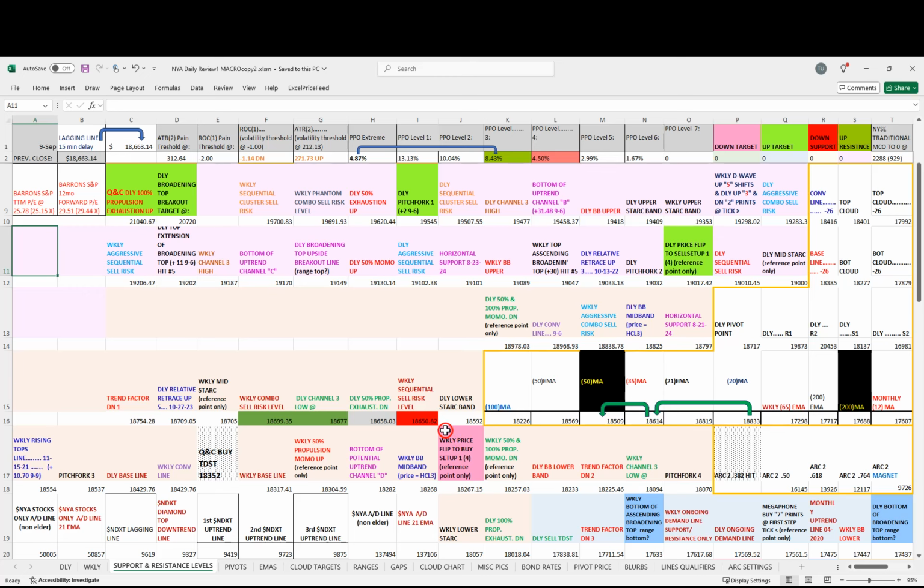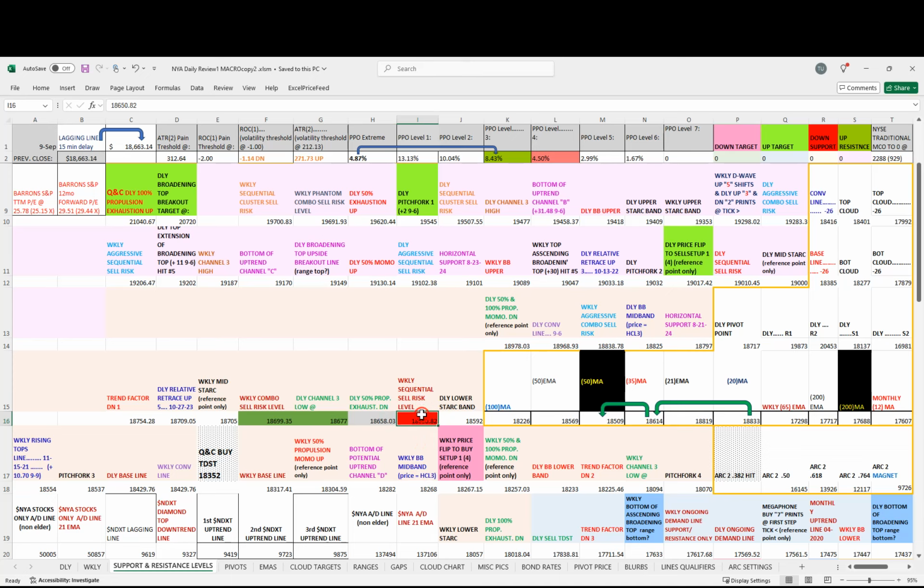And then the next level is the lower start band, but that's a moving target and will move lower as price moves lower. So realistically, the weekly rising tops line here at 18,554 is the next level, and that's 100 points away.